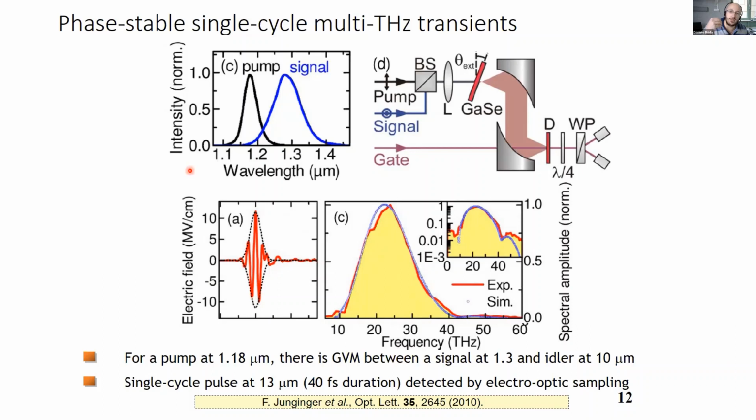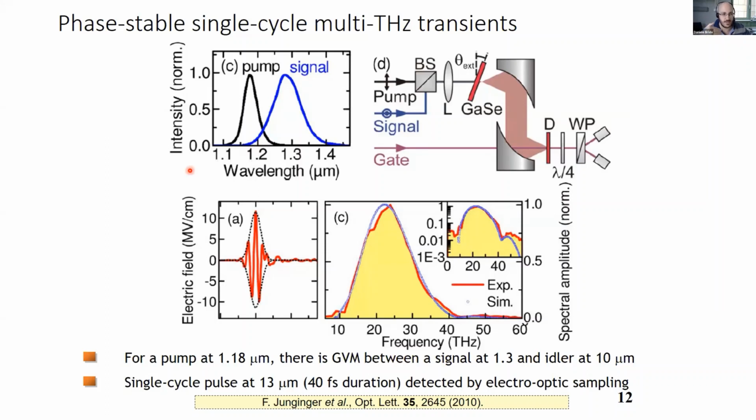Now, all the considerations that I made before with respect to 800 nanometer, 1 micron pumping and 5 micron seeding concerned the class of nonlinear materials that I showed you before, which are basically dielectrics. In this condition, we are going to use more semiconducting materials. Gallium selenide is a semiconductor, though the boundary between the definition of semiconductor and dielectric is quite loose, but gallium selenide is basically almost dark in the visible.